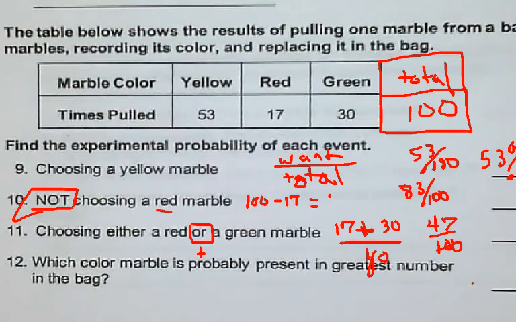Now, think about this. What's the complement of that? Well, that would be not getting a red or a green, which means you get a yellow, and see 53% is the complement of 47%. So we did it right. Yay. We did it right. There we go. And then which color of marble is greatest in number?